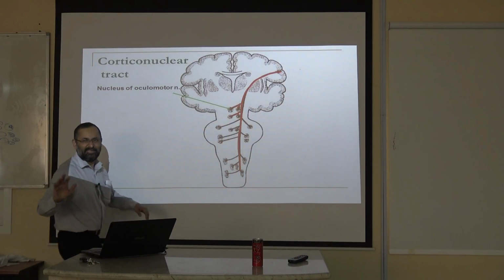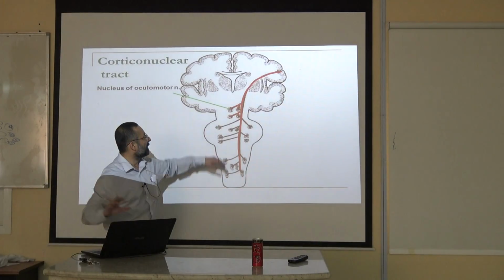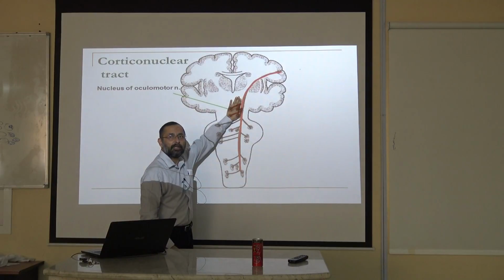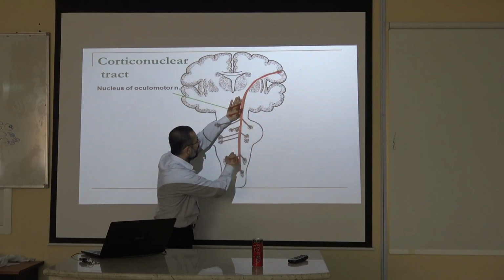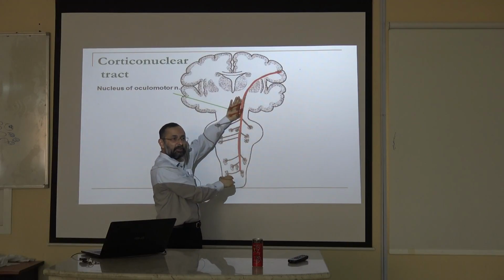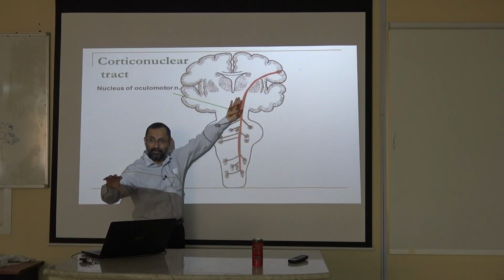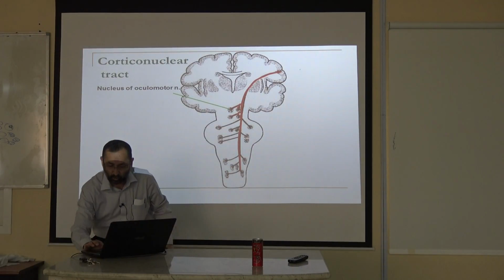Well, actually, this diagram is not a very correct diagram. I don't agree with it, but I took it because it's an animation. Leaving the oculomotor, because the oculomotor nucleus is in the midbrain, really up. For the other nuclei, non-oculomotor nuclei, for the trigeminal, vagus, glossopharyngeal, facial, yes, this tract is controlling.